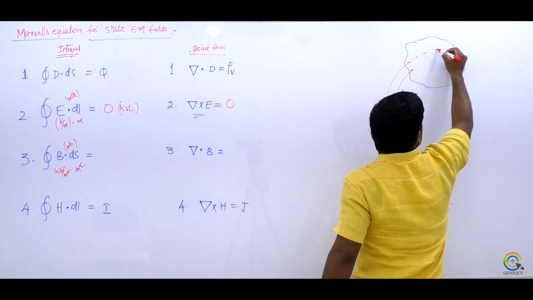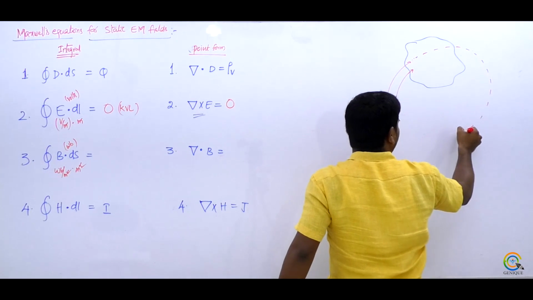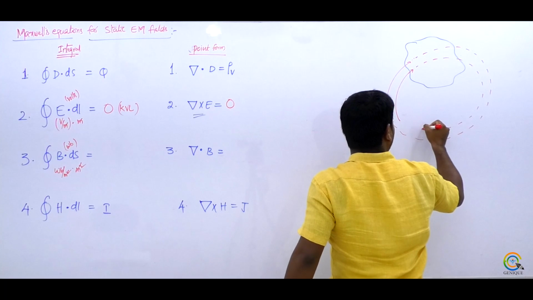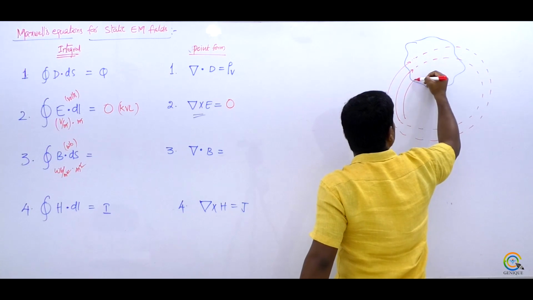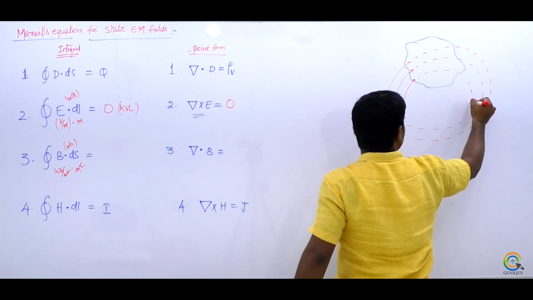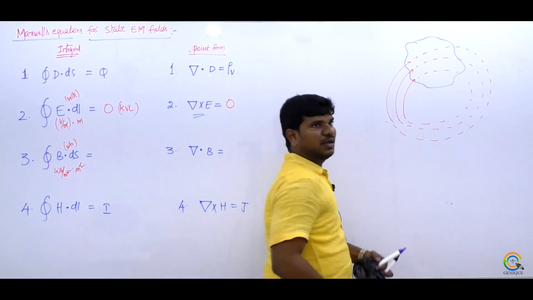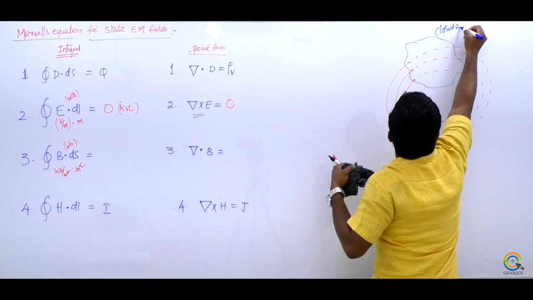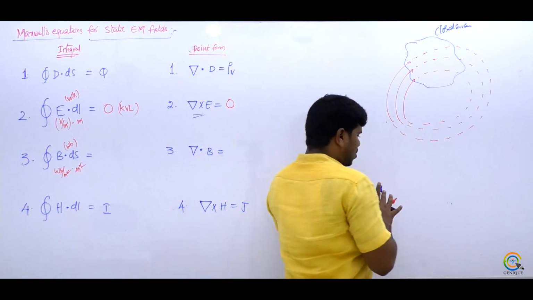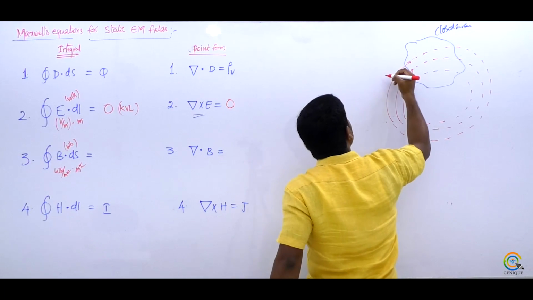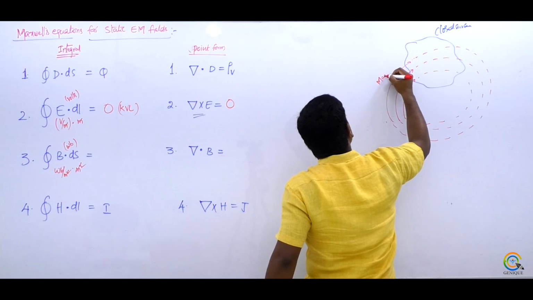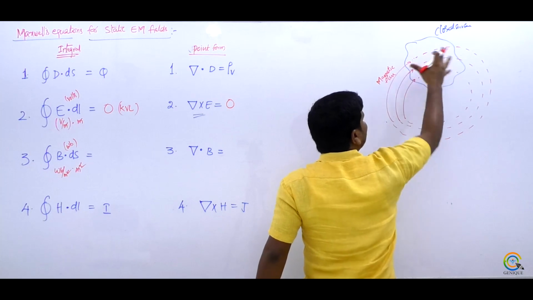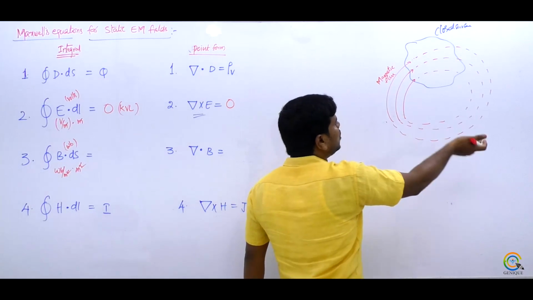Because the magnetic field lines are closed lines, whatever field is entering the closed surface is also leaving.